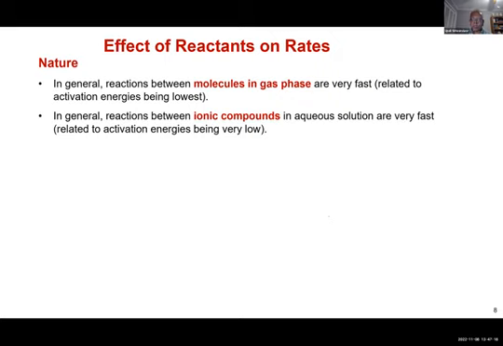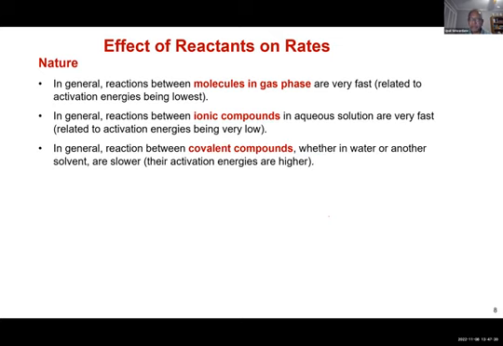Ionic compounds have slower rates than gas phase molecules, but they still have lower activation energy. Covalent compounds, when dissolved in water or another solvent, are slower. The activation energies are higher. Therefore, activation energy decides how fast. Basically, activation energy is the first thing that will tell you whether the reaction is fast or slow.